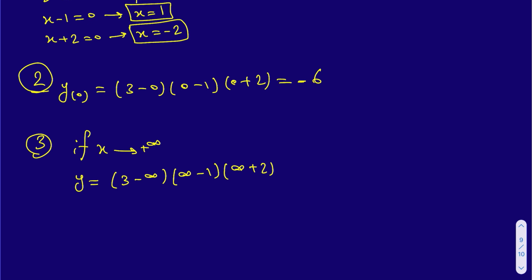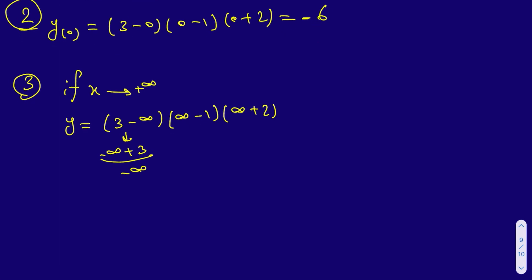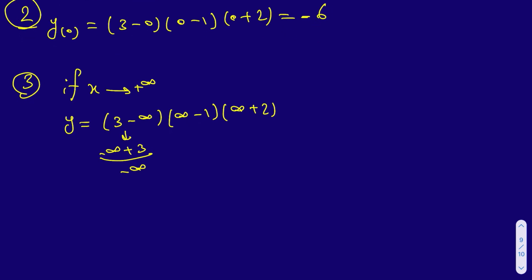Okay, and here, as we see, 3 minus infinity gives us negative infinity. So this parenthesis means negative infinity plus 3, which again will be equal to negative infinity. Positive infinity minus 1 will be equal to positive infinity.